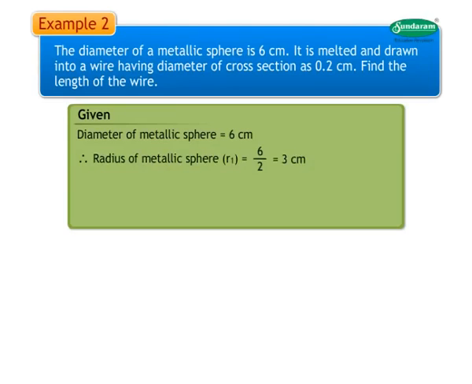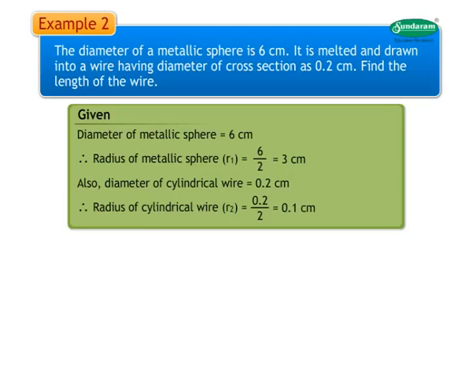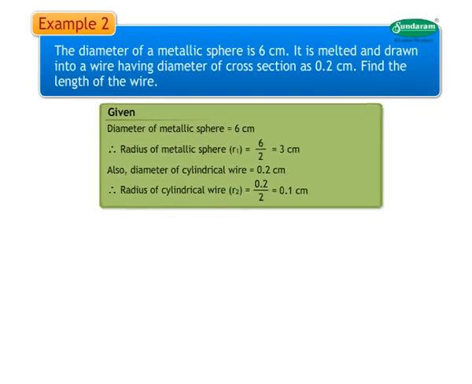Therefore, radius of the sphere R1 is equal to 6 upon 2 is equal to 3 centimeters. Also, diameter of the cylindrical wire is equal to 0.2 centimeters. Therefore, radius of the cylindrical wire R2 is equal to 0.2 upon 2 is equal to 0.1 centimeters.